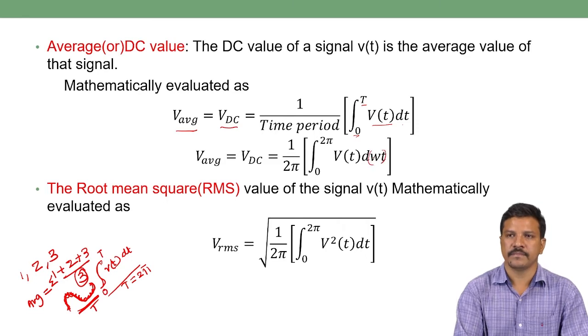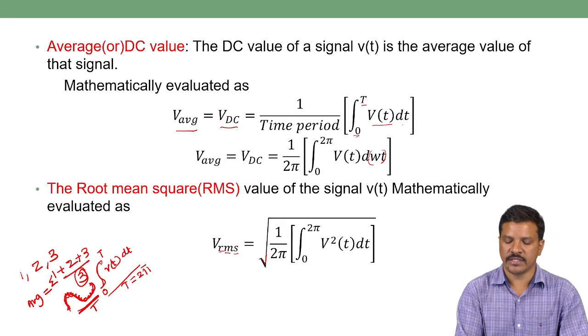And the root mean square value of the signal V of t is mathematically evaluated as Vrms. The name itself says root mean square. First we see the root, and the mean is the integral of the signal dt divided by 2 pi, and then the square of the signal, V square of t dt.